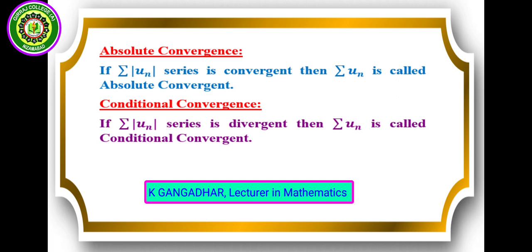So here, if sigma mod u_n is convergent, then we say the given series is absolutely convergent. If sigma mod u_n series is divergent, then we say the given series is conditionally convergent.